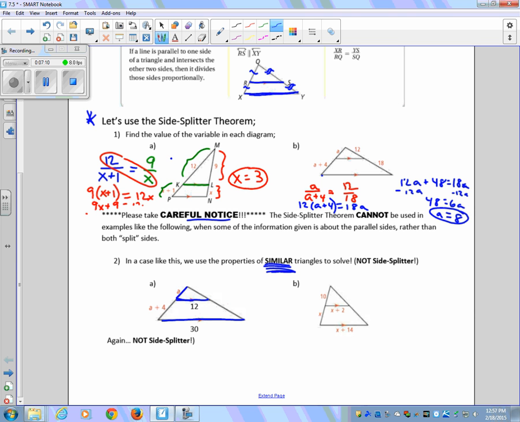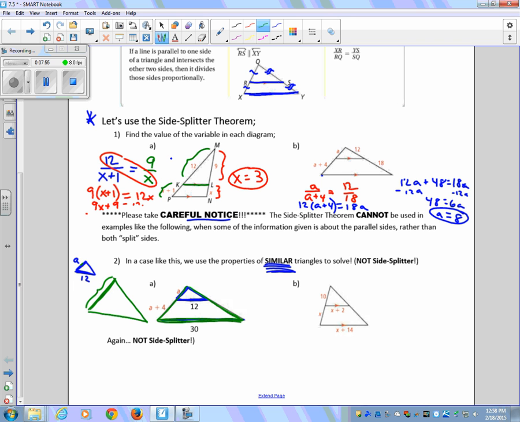Think about this triangle, the little blue one on top, being similar to the green triangle here. So if we drew them separately, there's the green triangle, there's the blue triangle. The left-hand side of the blue triangle is A. The bottom of the blue triangle is 12. When we look at the green triangle, if we're going to put something in a proportion with A, what corresponds with that whole left side of the blue triangle would have to be the whole left side of the green triangle.